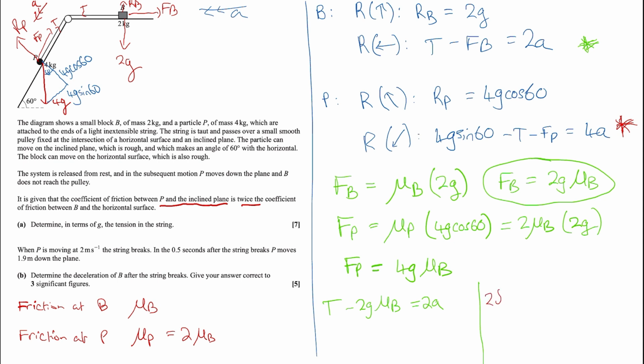So this is 2 root 3G minus T. And then FP is minus 4G mu B. And this equals 4A. Okay, good. These are a pair of simultaneous equations now. So we need to kind of eliminate everything we can. So let's see what we can do.